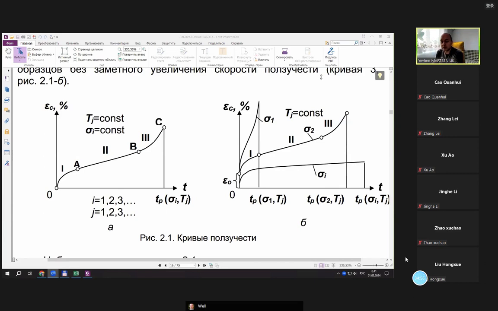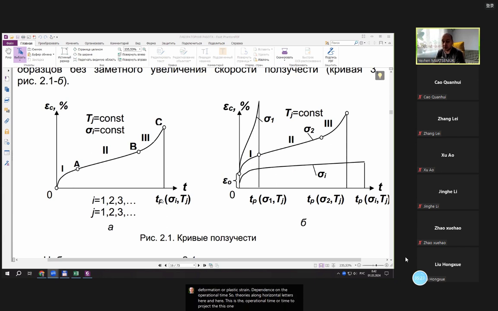Well, let's continue. So this is the dependence of the plastic deformation, epsilon C, plastic strain, on the operational time. Here along the horizontal axis is the operational time or time to fracture.